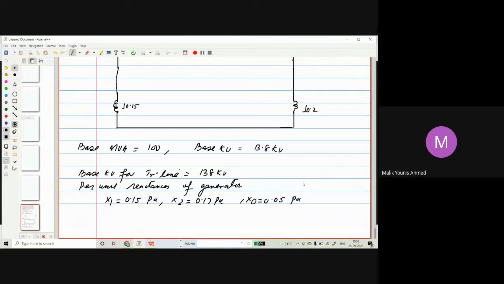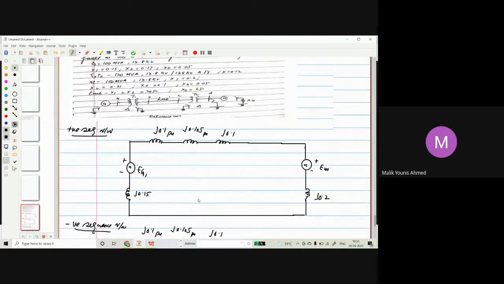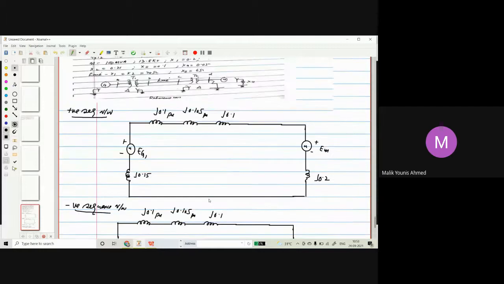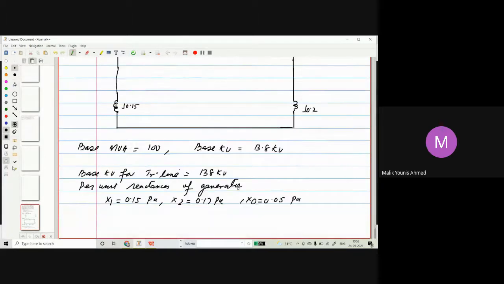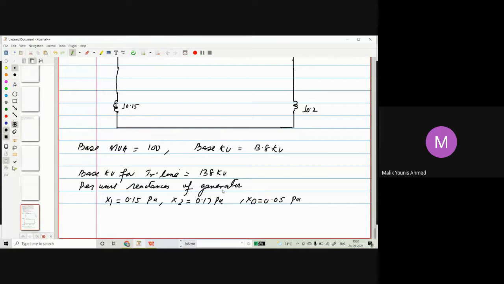Since the base is the same, why? Here you can see 13.8 is the base kV, so the very same values we'll be using. So what values have we used? Positive, we have used 0.15 for the generator, and negative we have used 0.1 for the generator.